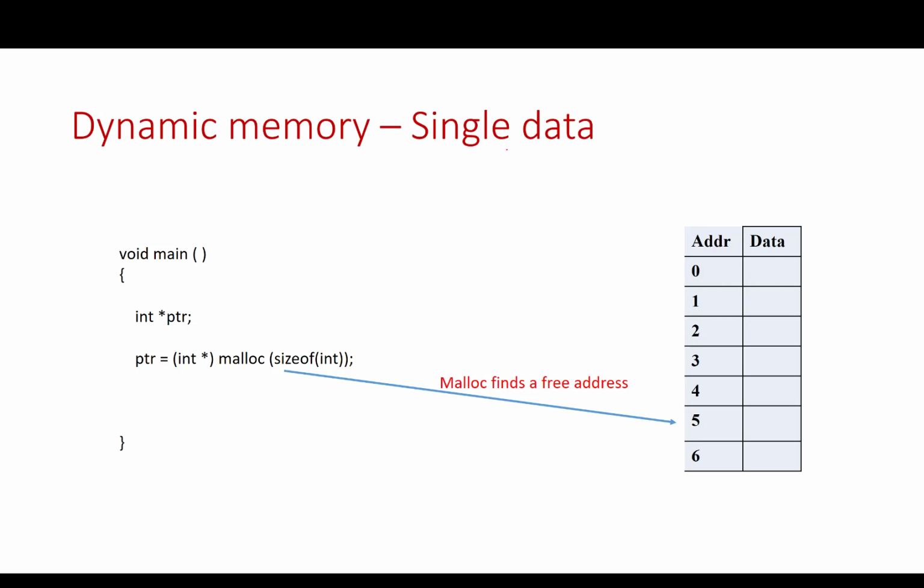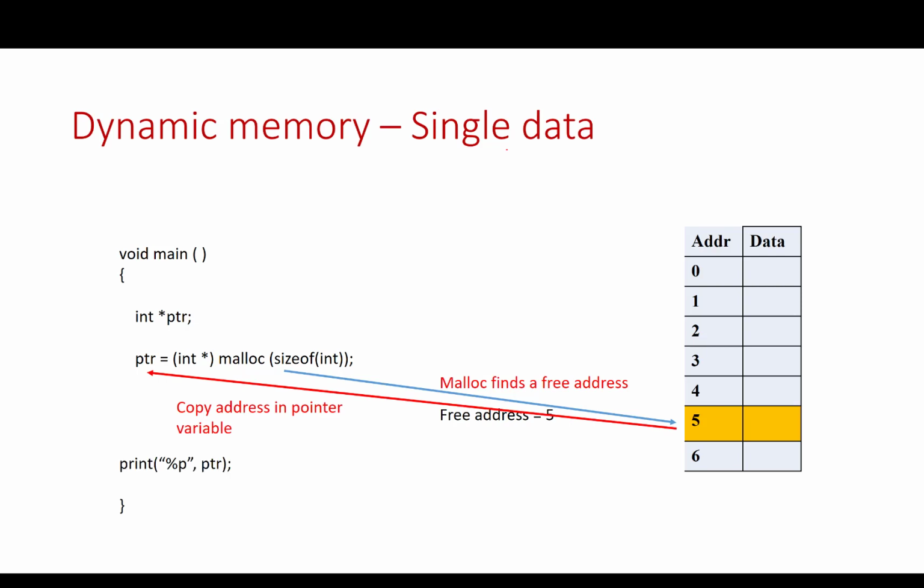And I will just go to any free memory location, and I will have this reserved for this pointer, okay? And then after that, I will have this address assigned to the pointer, okay? And then here, if I print the pointer, this will actually print this memory location, which is 5.